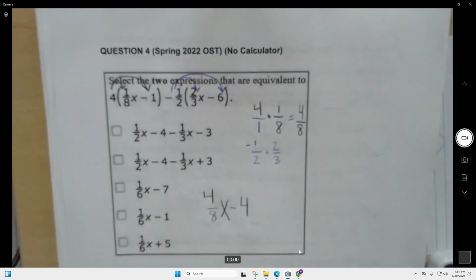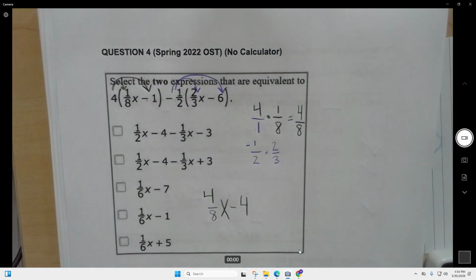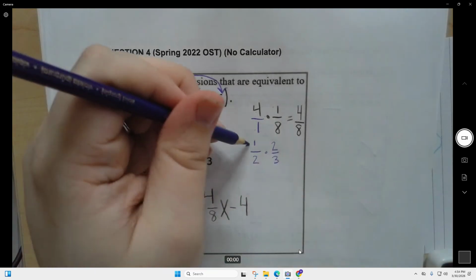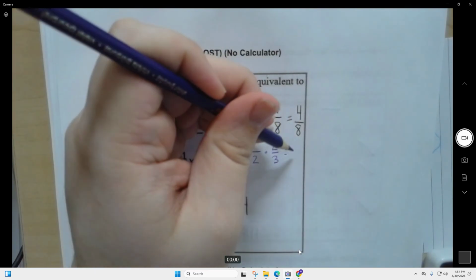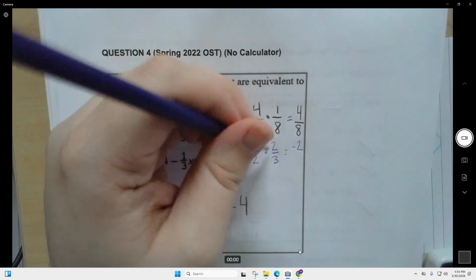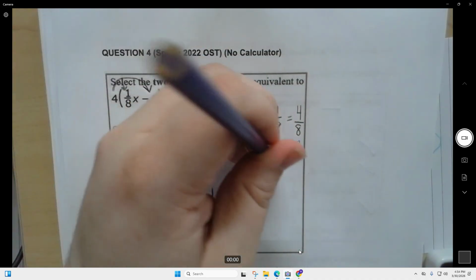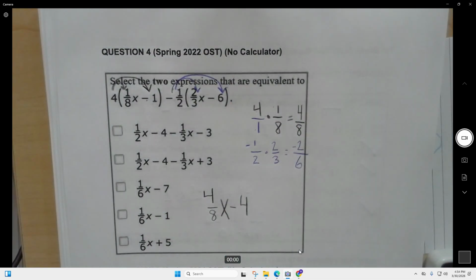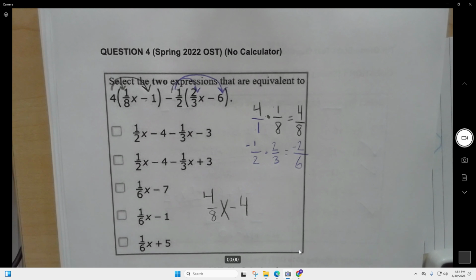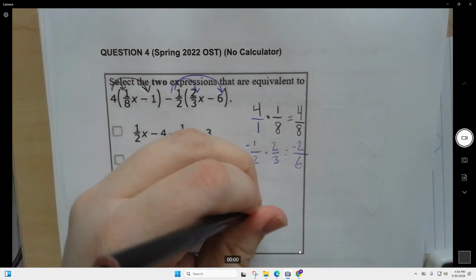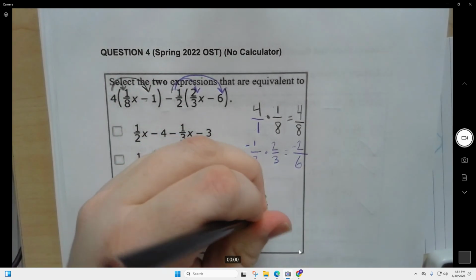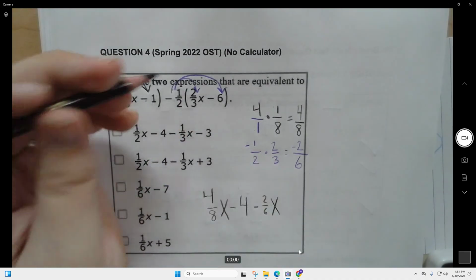The negative is only accounted for in the numerator in this situation. So negative 1 times 2 makes negative 2. 2 times 3 makes 6. So you have negative 2/6. So we do minus 2/6 x.